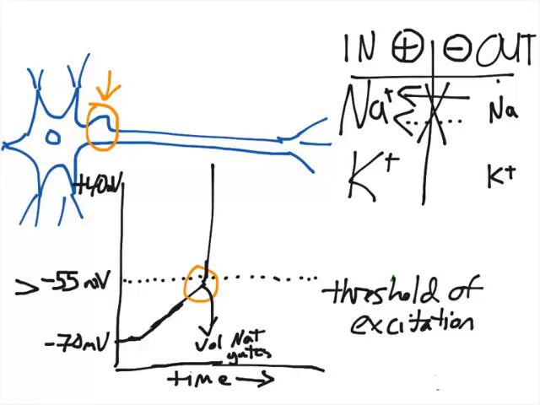But now we got a bunch of sodium in here. It's completely changed the dynamic of the place. We went from a negative place to a positive place. So think about poor potassium. This was potassium's place. There was lots of potassium in here. Positive potassium liked being where the cell was negative. But now we've changed that. Now the inside of the cell is positive.